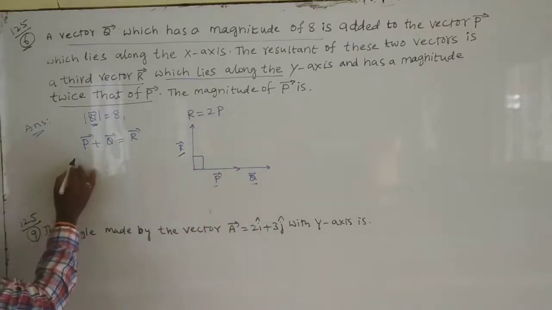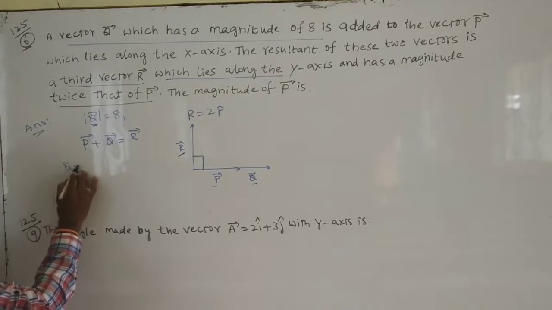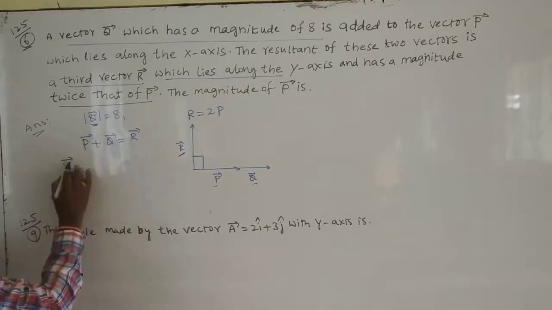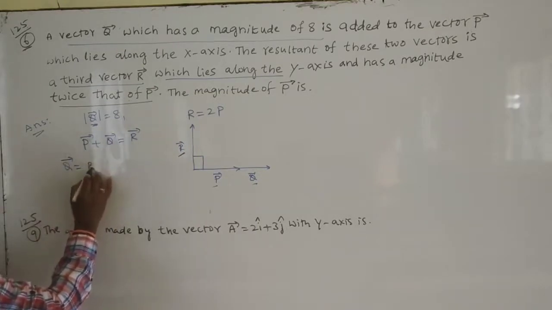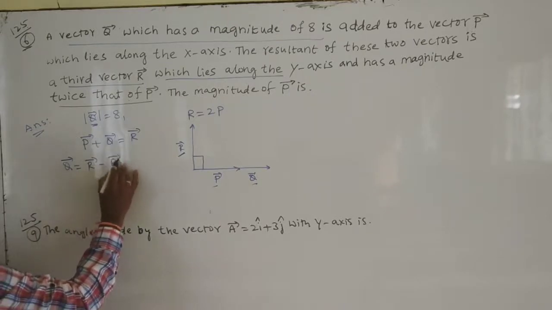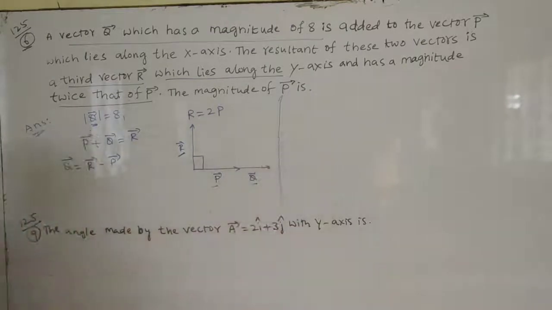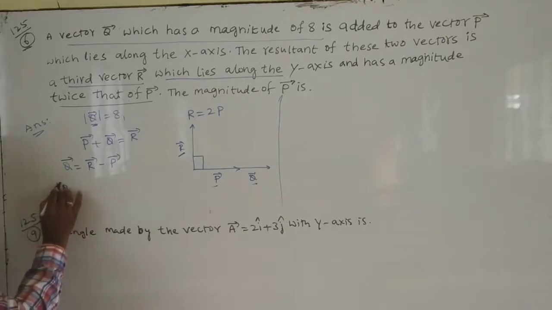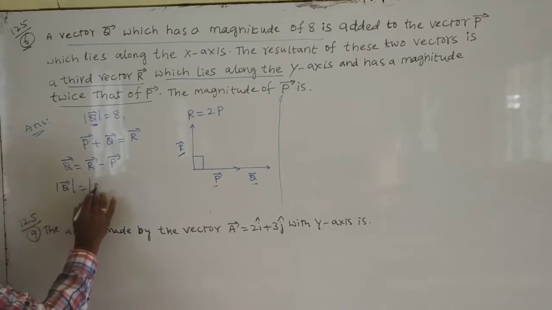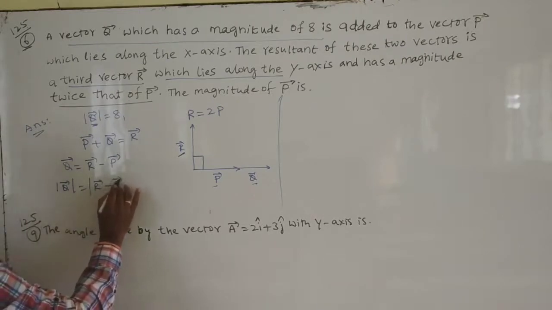So now we can write q bar equals, you bring this side, r bar minus p bar. Right? So you take the magnitude. So magnitude of q bar equals magnitude of r bar minus p bar.